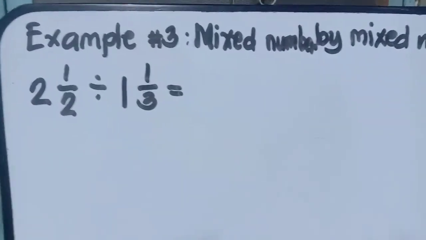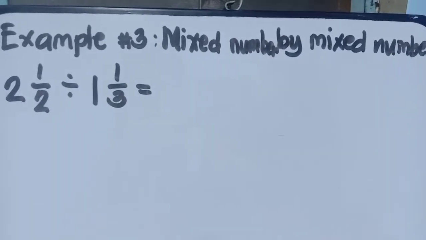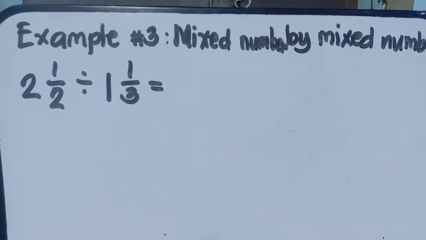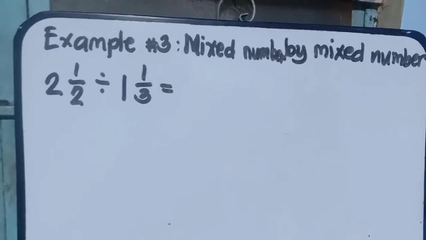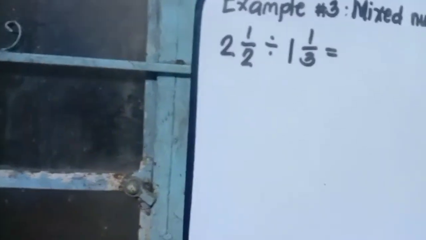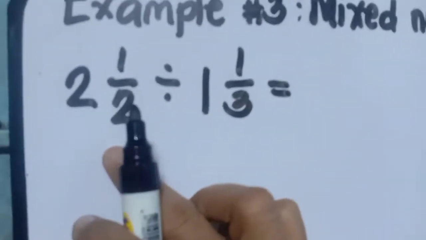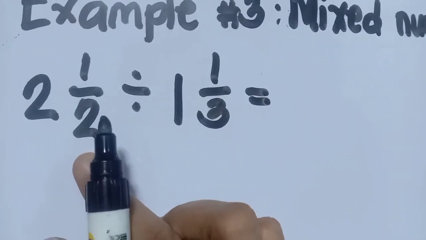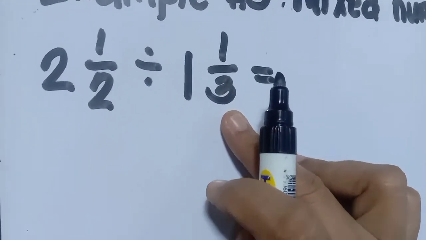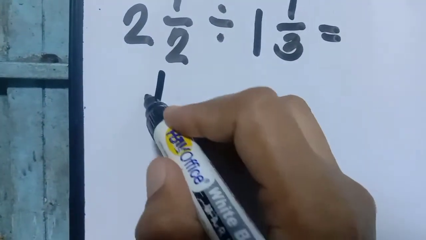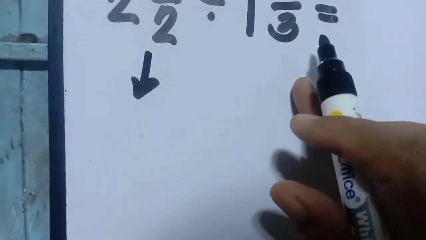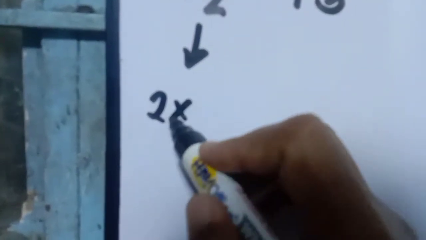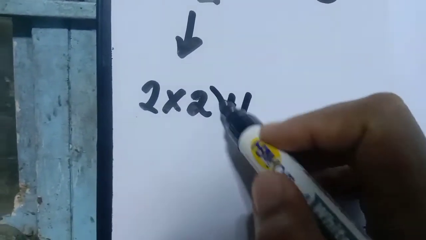Okay, our third example is mixed number by mixed number. How to divide mixed fraction with mixed number. Okay, so we have here 2 and 1/2 divided by 1 and 1/3. Okay, so we have first to convert mixed number to improper fraction. We have 2 times 2 plus 1.